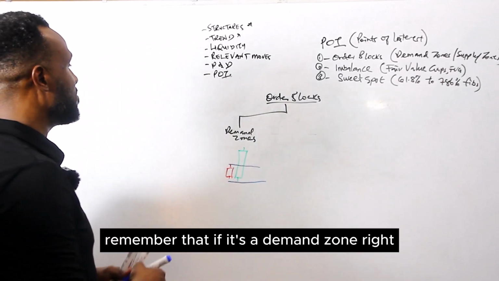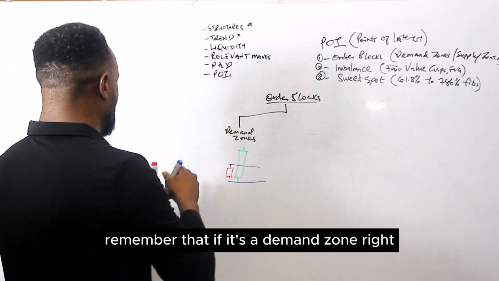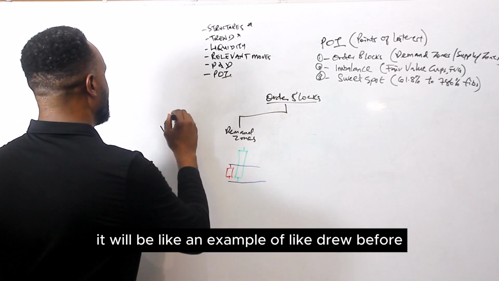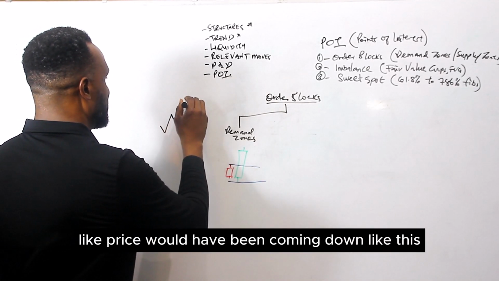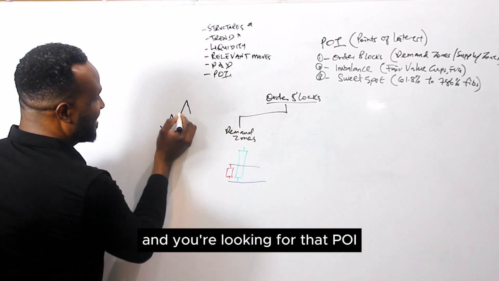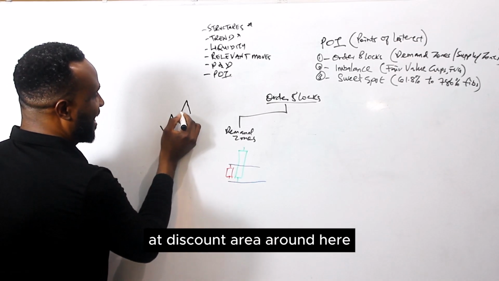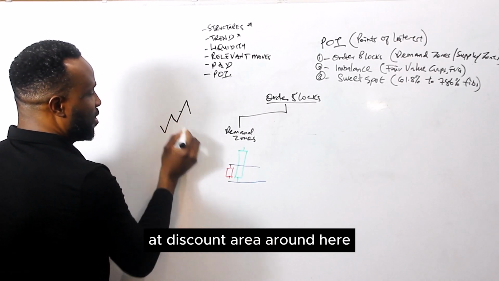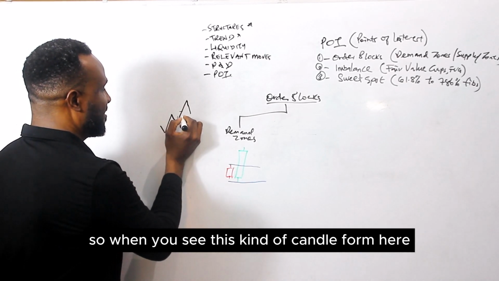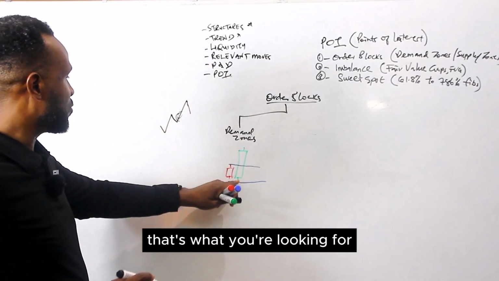And remember that if it's a demand zone, it will be like the example I drew before, where price would have been coming down like this, and you're looking for that POI at the discount area around here. So when you see this kind of candle form here, that's what you're looking for.